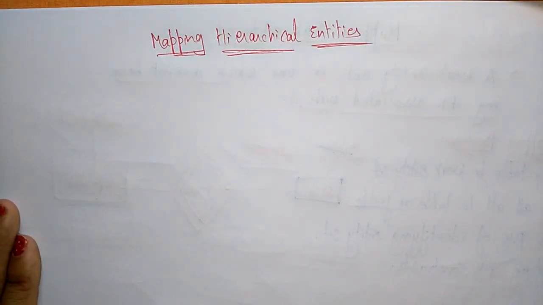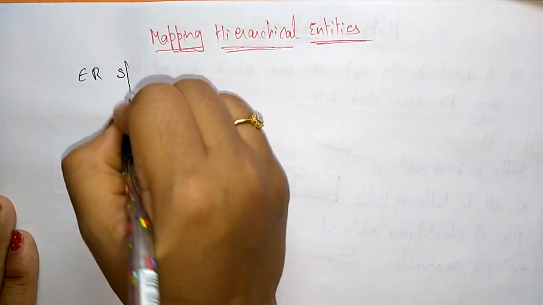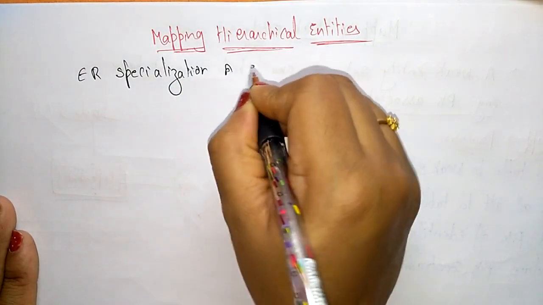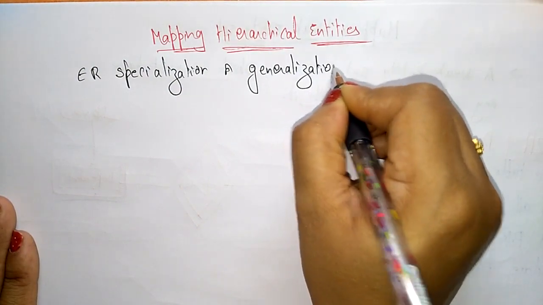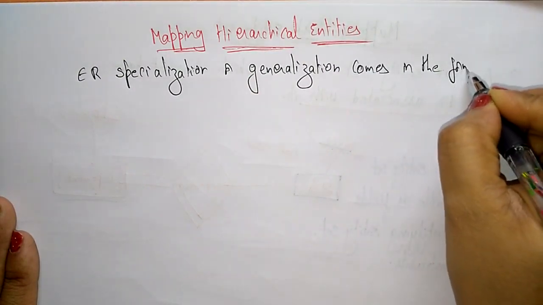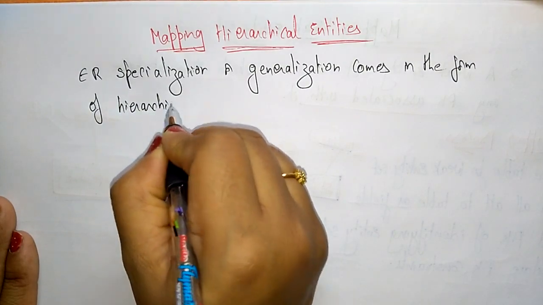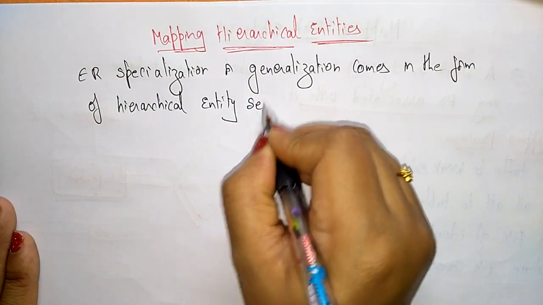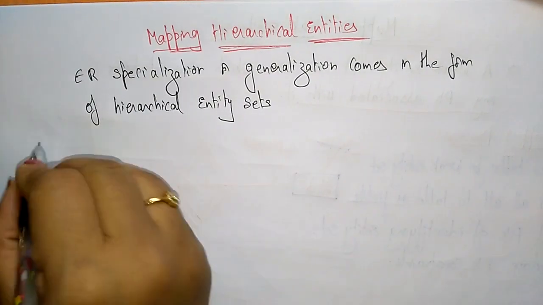In the ER, entity relationship model, specialization or generalization comes in the form of a hierarchical entity set. So all the specializations and generalizations are represented in the form of a hierarchy. Now let us see the mapping process for this.